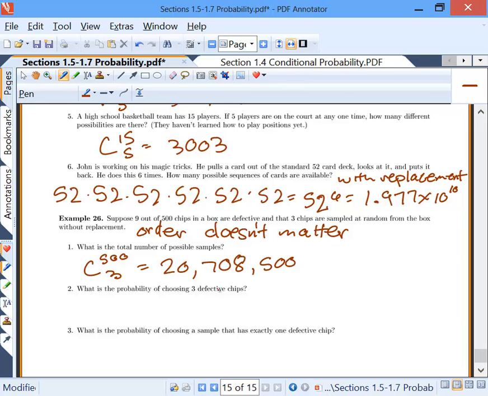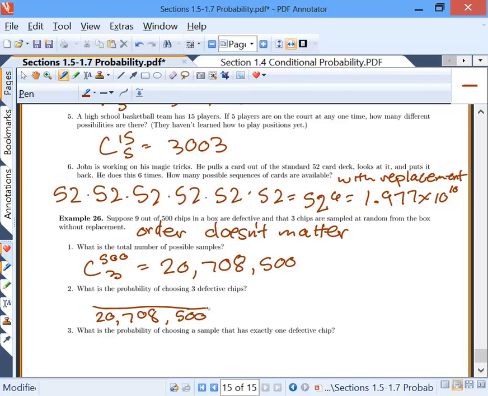Let's see, we know the total number of possible samples. So if I want the probability of choosing 3 defective chips, that means each of the chips must be defective, right? So I just really need to figure out the total number of ways to get 3 defective chips, and divide it by the grand total.